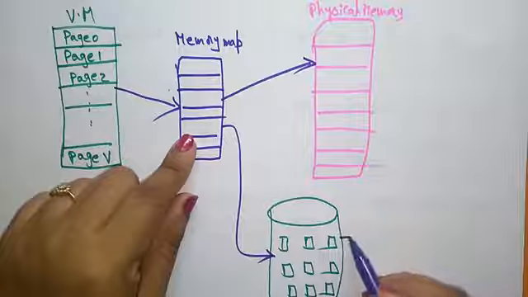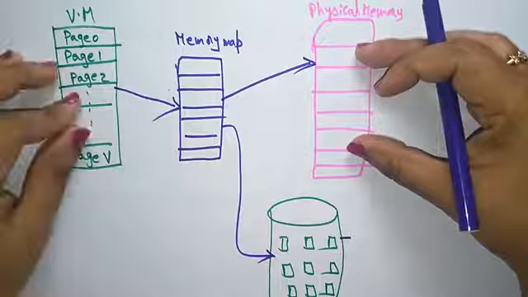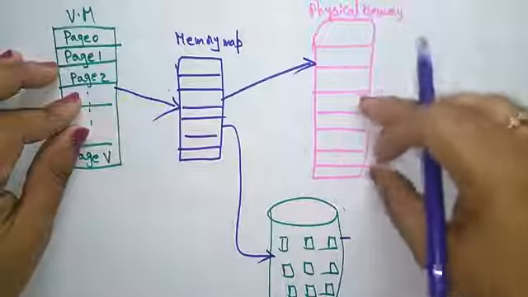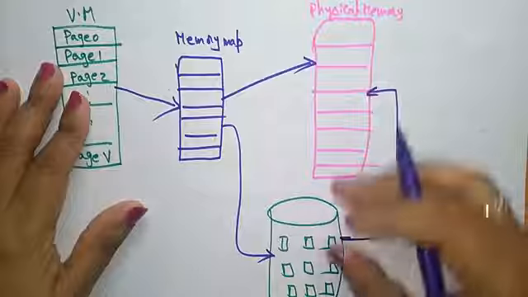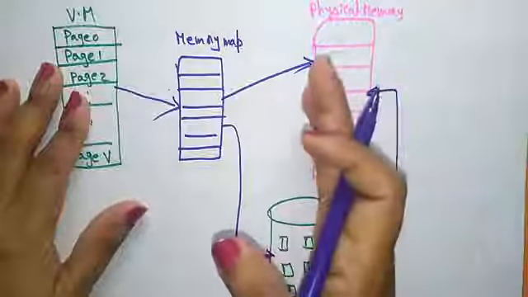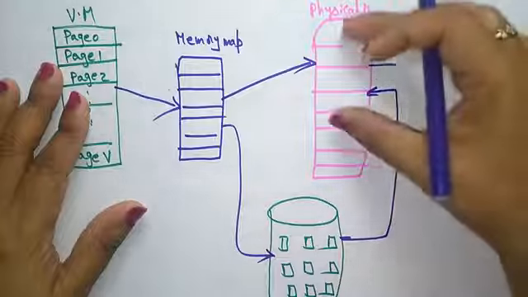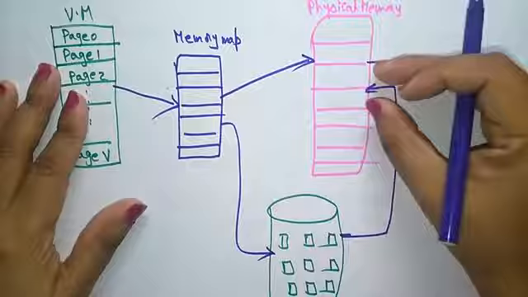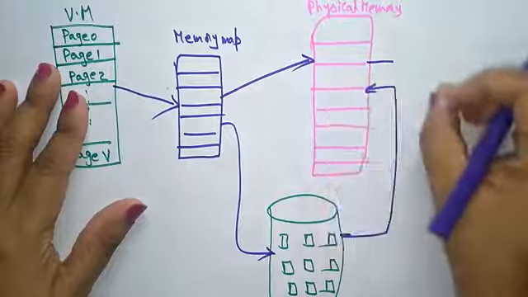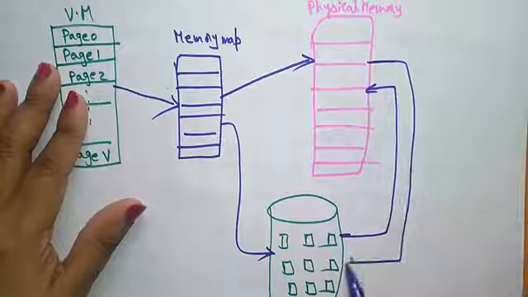If the main memory does not contain the page that the CPU is demanding, it is fetched from the disk and stored in the physical memory in the form of frames. If the physical memory is full, then a page will be replaced, meaning swapped to the disk.